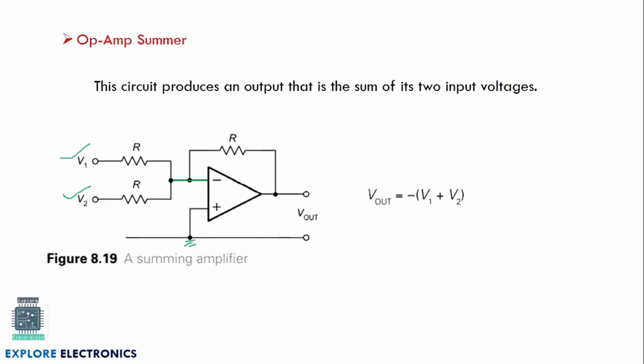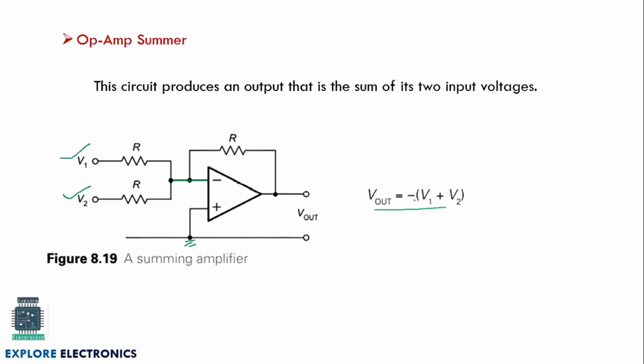We can expect the output will be the addition of these two, V1 and V2, with the weights RF and R1, R2. If we take all three resistances the same, the output will be like this. Vout is equal to minus (V1 plus V2).